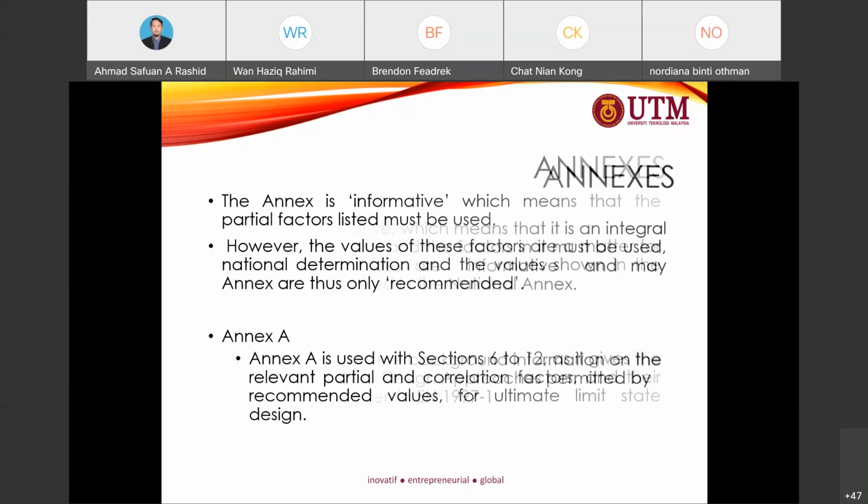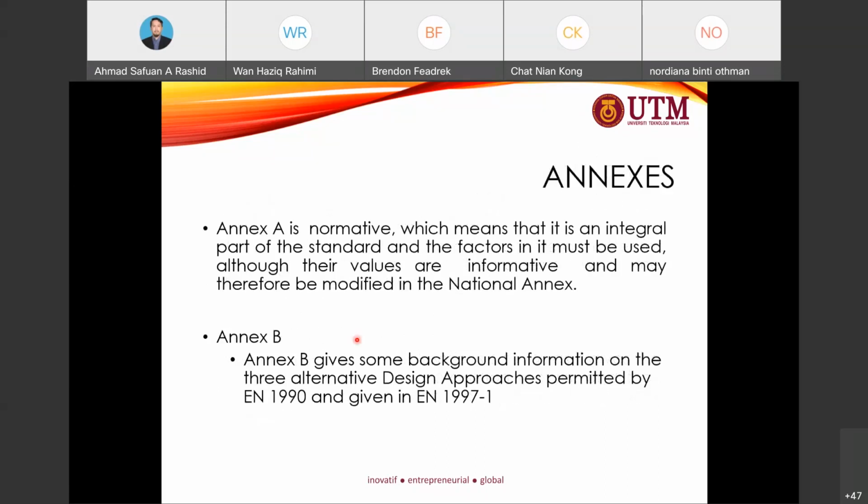Annex A is normative, which means that it is an integral part of the standard and the factors in it must be used, although their values are informative and will therefore be modified in the national annex.